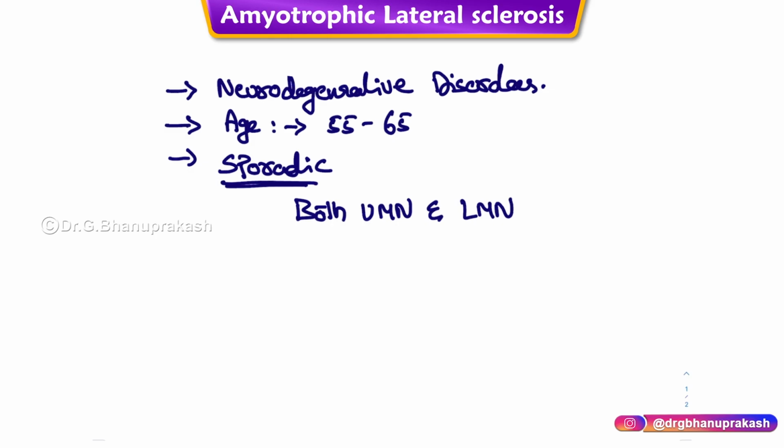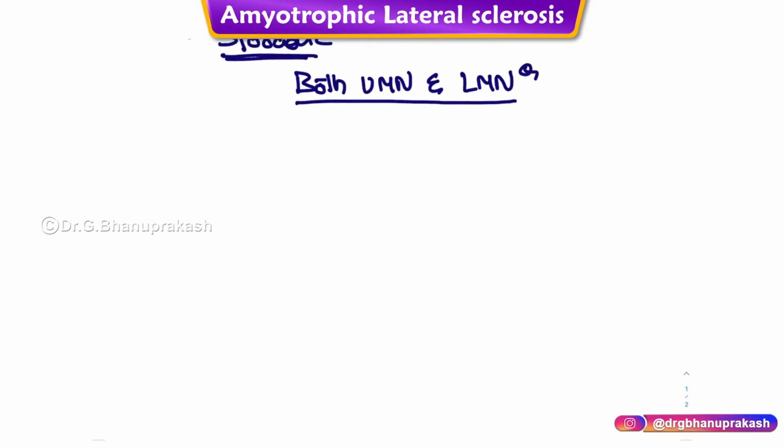The deficits in both upper and lower motor neurons are the hallmark of amyotrophic lateral sclerosis. Other neuromuscular diseases usually affect either upper or lower motor neurons, but this condition affects both.